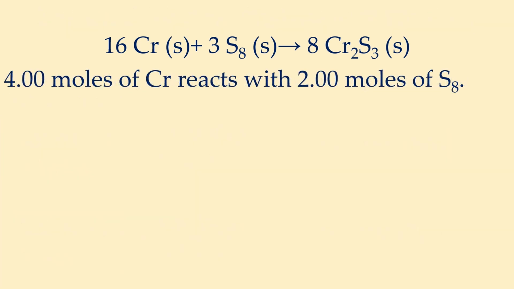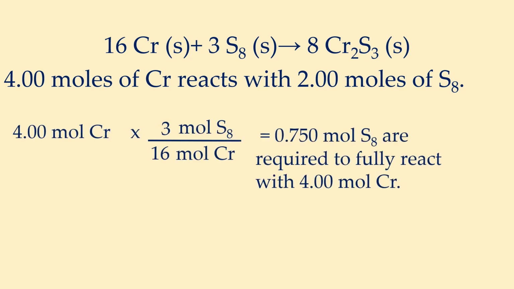And before concluding, a final word on the excess reactant sulfur. Let's find the amount of sulfur remaining after the reaction is complete. I'll convert the limiting reactant chromium to sulfur to find the amount of excess reactant that reacts. Here we see that 0.750 moles of sulfur are required to fully react with 4.00 moles of chromium.